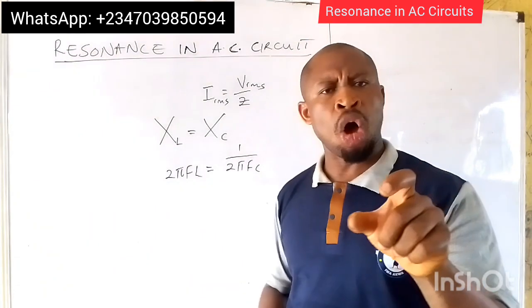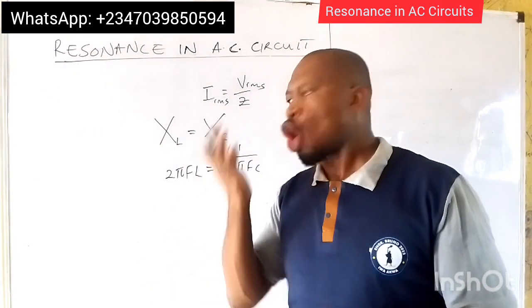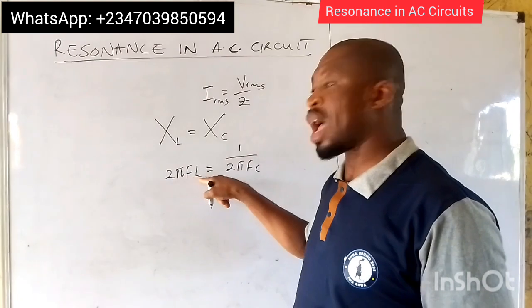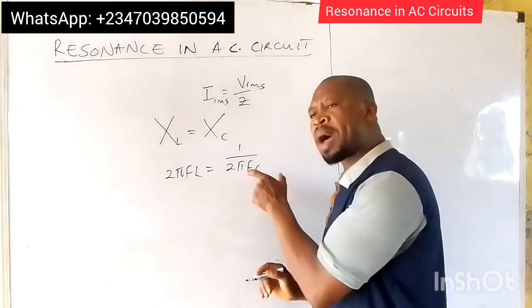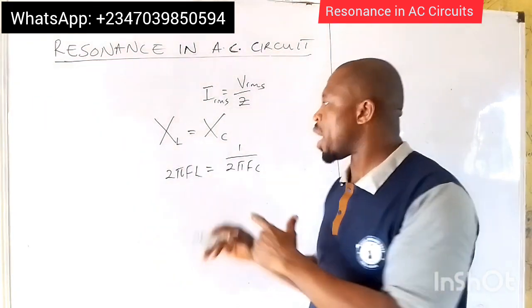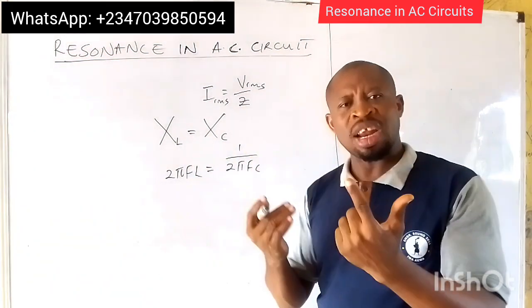At that point in an AC circuit where 2 pi FL becomes equal to the inverse of 2 pi FC, that is where we say resonance has occurred.